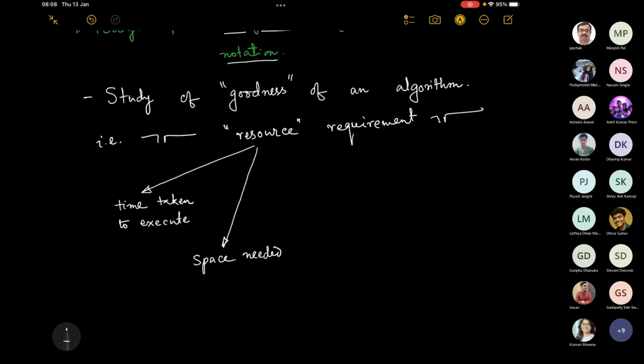Less inputs? I don't understand. Less inputs? No. Whenever we are designing an algorithm, the problem has been decided, the input has been decided: this will be the input and this will be the output, like a problem specification. So that's part of the definition of the problem.